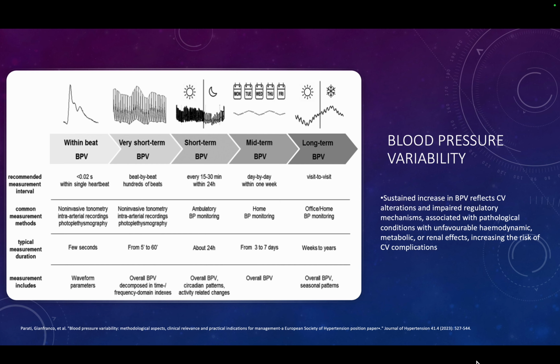And even at that time, imagine, since 1733 was the first recording of blood pressure and the very first recording of blood pressure variability. He did notice 3 to 4 inches of variation in the blood pressure while he was taking a measurement over a period of time. So blood pressure variability has been there for quite some time.